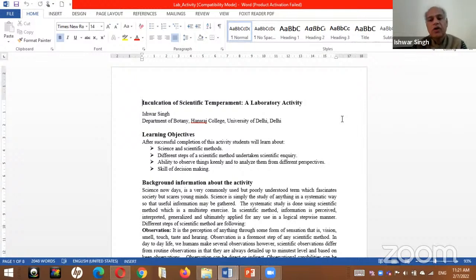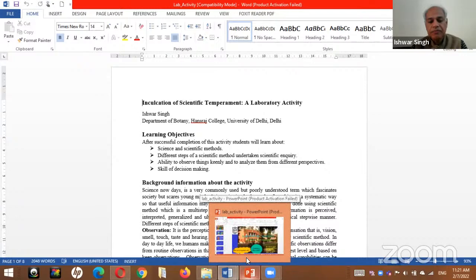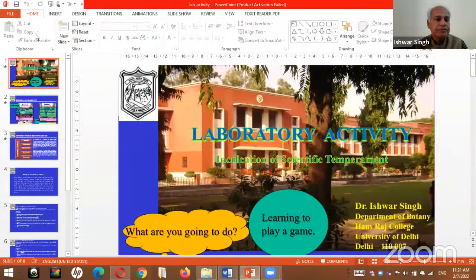So this is the overall expectation from the workshop which we are going to conduct today. So without wasting much time, I would like to shift to one PPT so that we can have some idea about this activity.